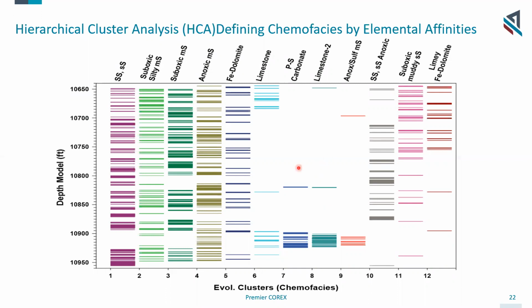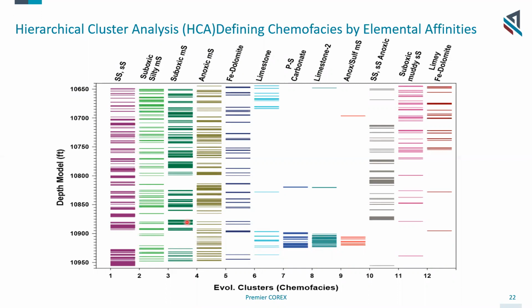So here in this case, we can see cyclicity in the formation. We're moving from a sandstone, perhaps a beach sand or something like that, into deeper water perhaps, and then quieter conditions with dolomites and then limestones being formed, and finally we end up with an oxic, sulfur-rich, perhaps deep water marine environment.